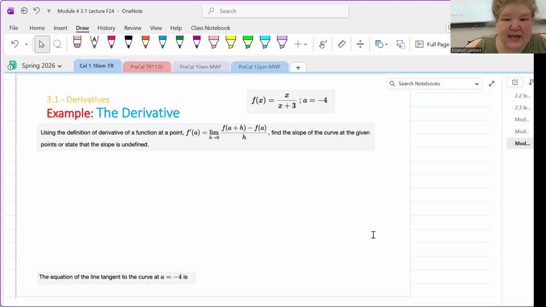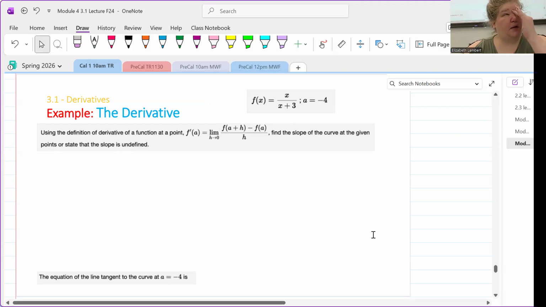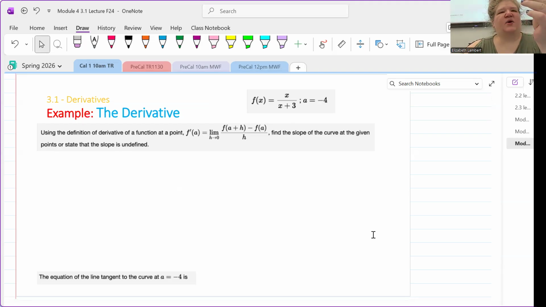So this is a classic test question, although the function here is a little ugly. I haven't written the test yet, so I don't remember what the other professors have used for the function here. It might be a rational function like this. They're a little ugly, but not horrible end of the world ugly.